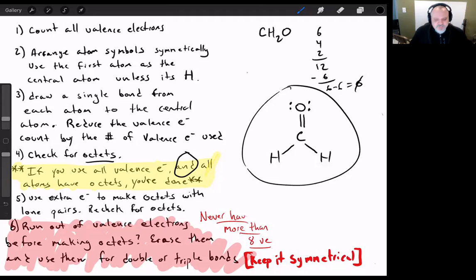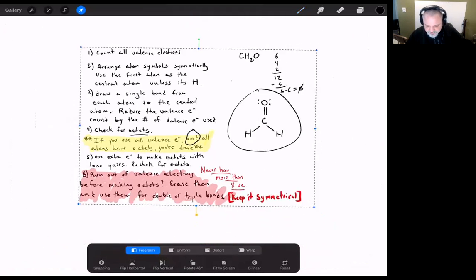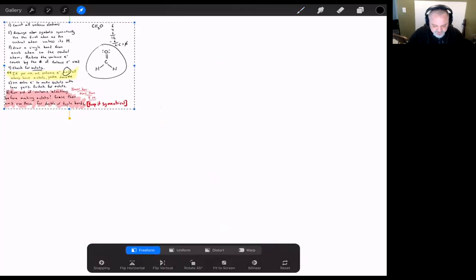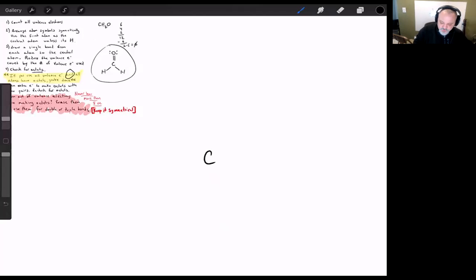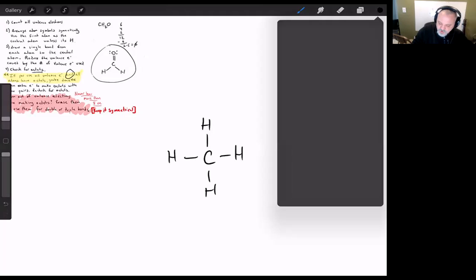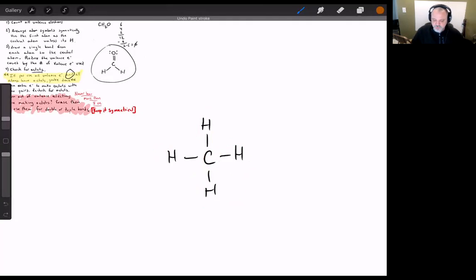So let's move on to the geometry bit. Now that you know how to draw Lewis structures, let's see how we use them to figure out geometry. And you already know, because we already know that bonds and lone pairs are geometry groups.